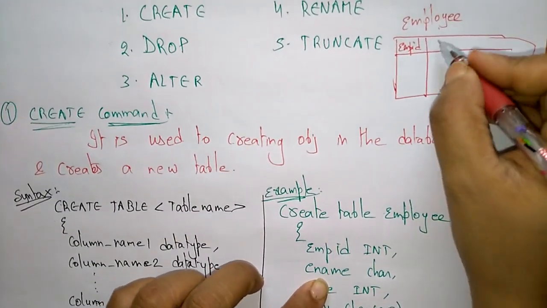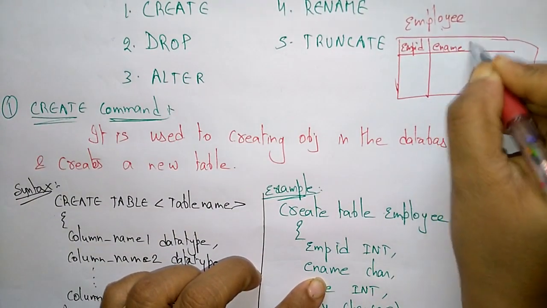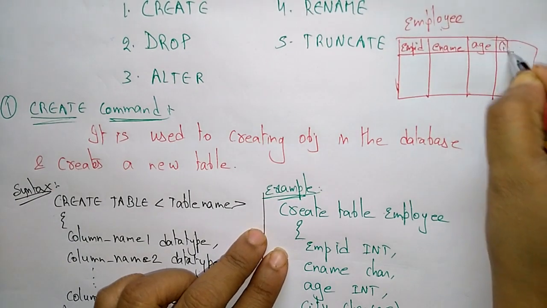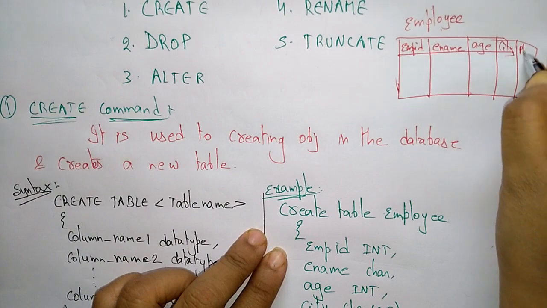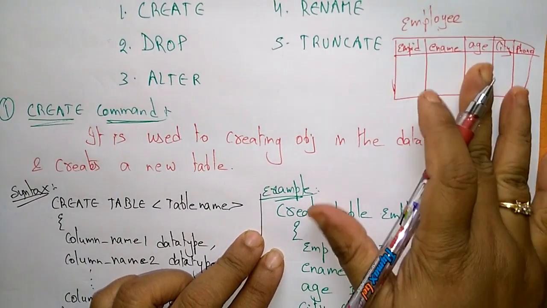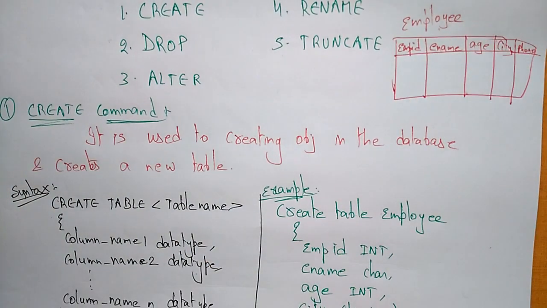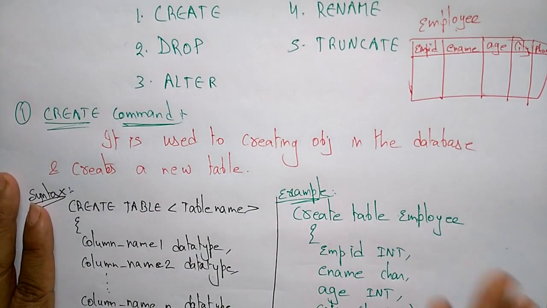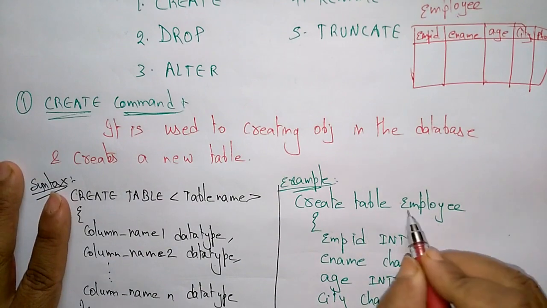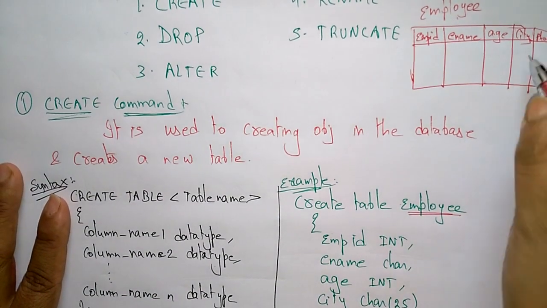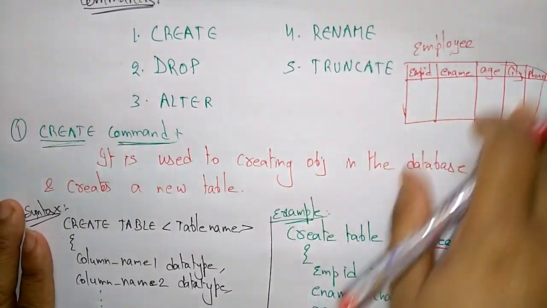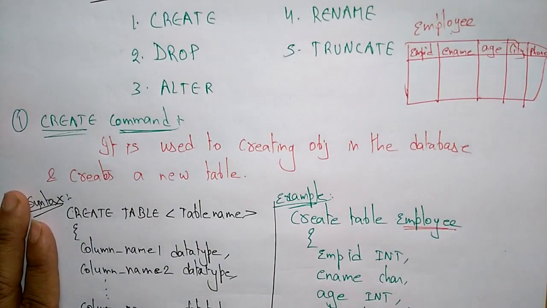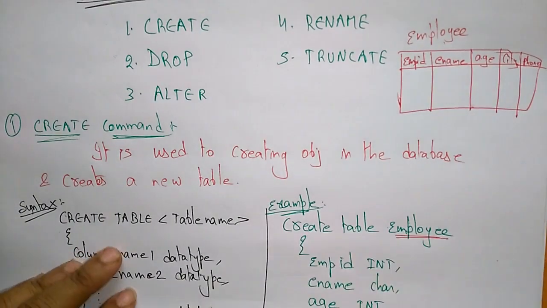The second field is e-name, and the third field is age, city and the phone number. So these are the fields. Only the table was created, not the values; the values are not inserted in the table. Here I created a table with these fields, total 5 fields. So this is a structure that is present in the database. So this is about the create command.